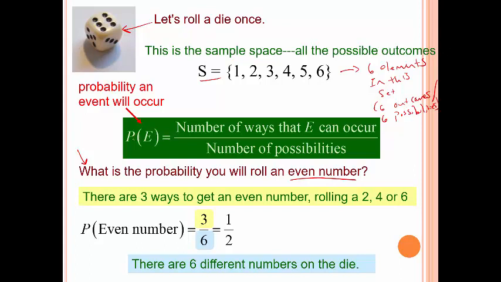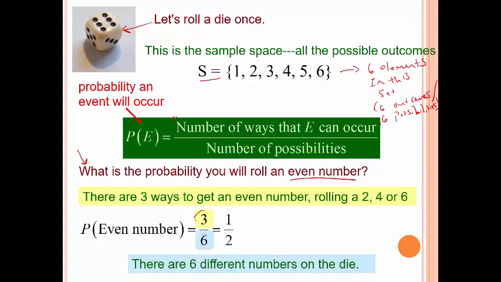The classical method says the probability that any event E occurs is always a simple division problem. It's the number of ways this specific event E can occur, divided by the total number of possible outcomes. So what is the probability that you will roll an even number?